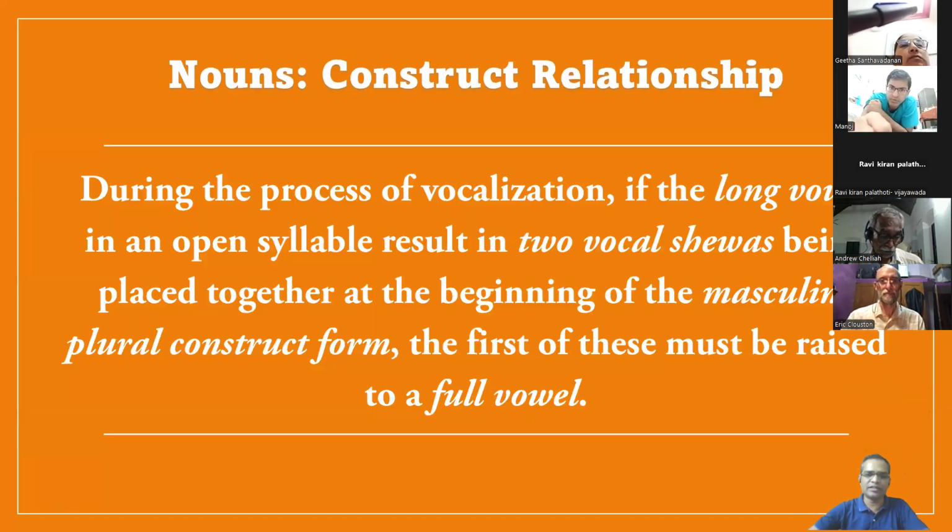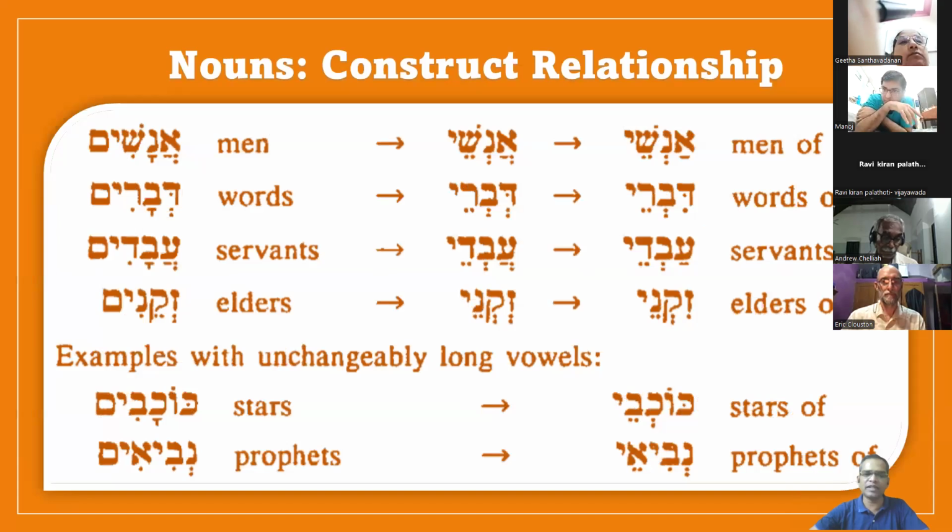But if there are two syllables before the last syllable, and the first syllable is carrying a Shiva, the second syllable's long vowel should be reduced to Shiva. So two Shivas will not stand together, and that is why in the case of compound Shiva, Atef Patah is becoming Patah. In the case of simple vocal Shiva, it is becoming Hirak.